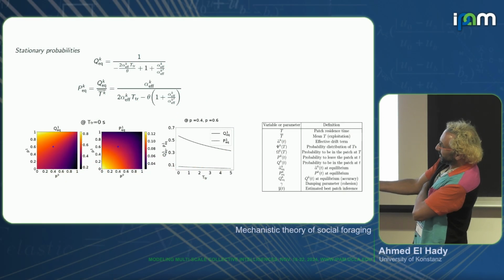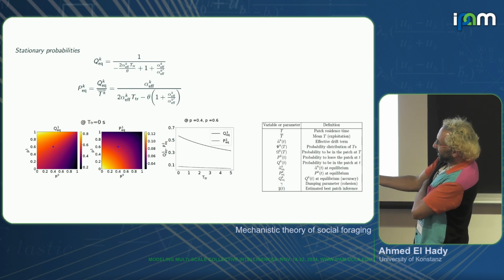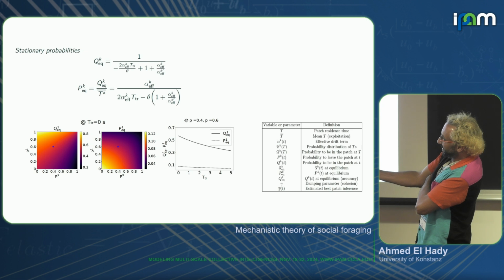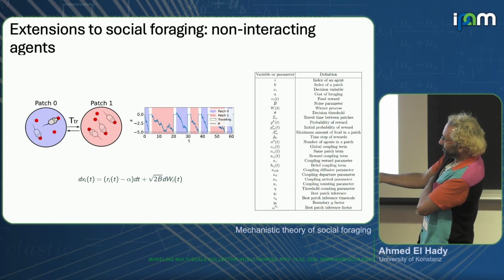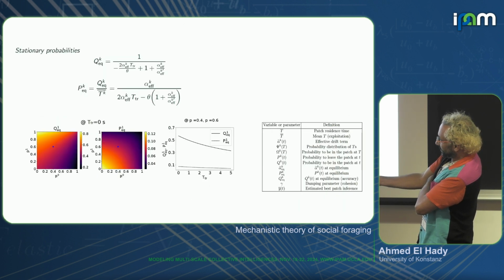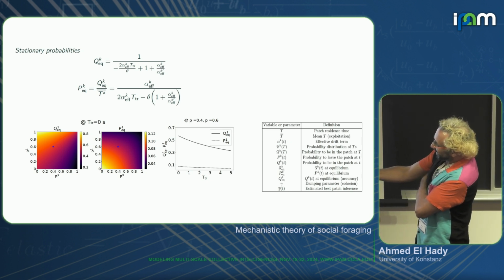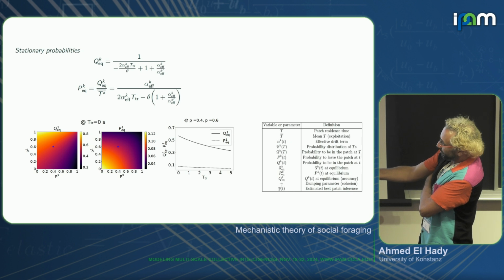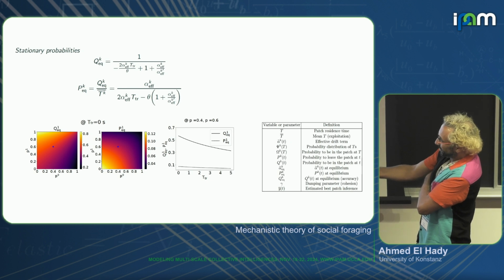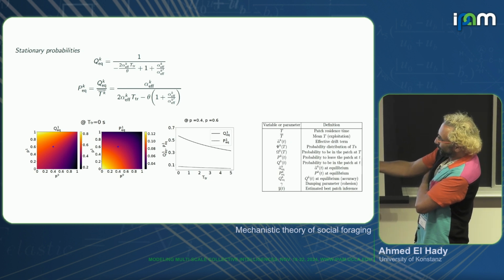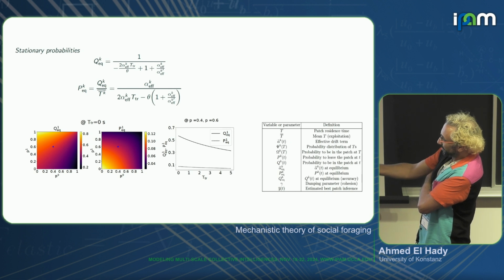If P1 is much richer than P0, sorry, I always confuse this. So here, if I have P1, which is how rewarding this patch is, it's much more rewarding than P0. So the Q equilibrium is at this, okay? And then the same is here.